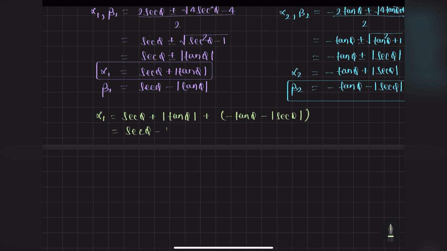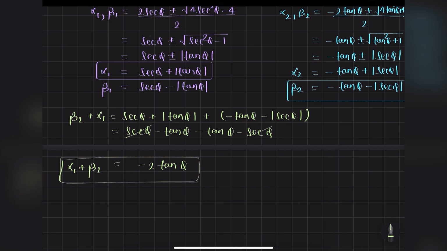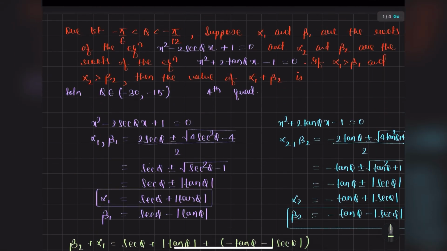So it is minus tan theta. Now we will open that bracket: minus tan theta, and you know that in the fourth quadrant sec theta is positive, so it will open with the same sign, minus sec theta. Now you can play fruit ninja, this thing will get neutralized and we will be left with minus 2 tan theta. So alpha 1 plus beta 2 is minus 2 tan theta. I hope this concept is clear.